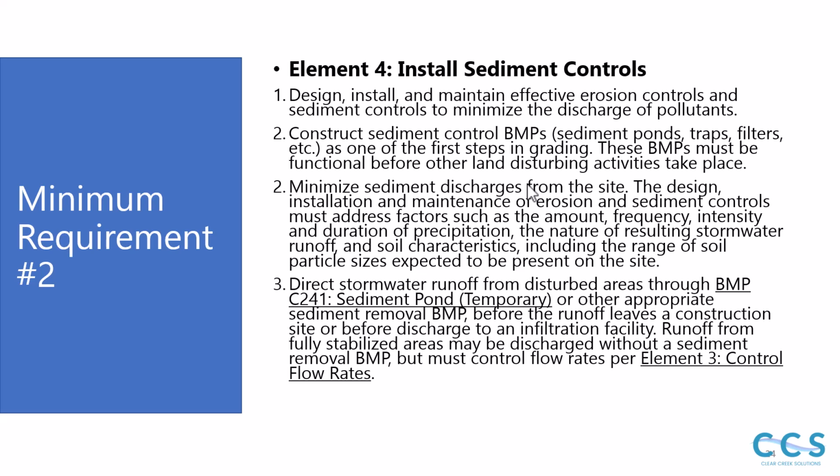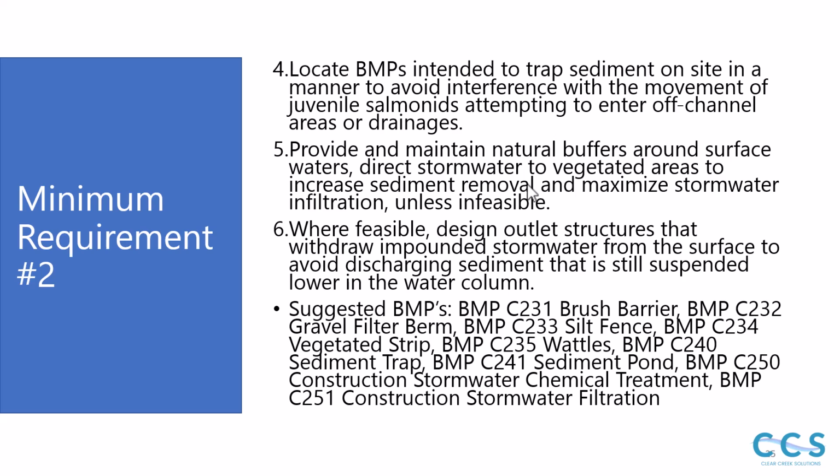Minimize sediment discharges from the site, and then direct stormwater runoff from disturbed areas through a sediment removal BMP before the runoff leaves a construction site or before discharge to an infiltration facility. Runoff from fully stabilized areas may be discharged without a sediment removal BMP, but must control flow rates per element 3.